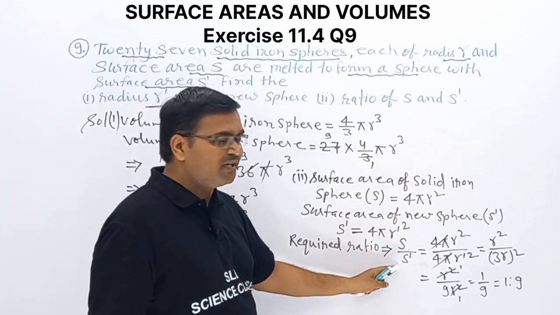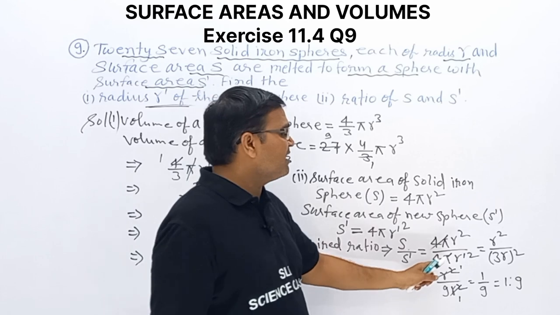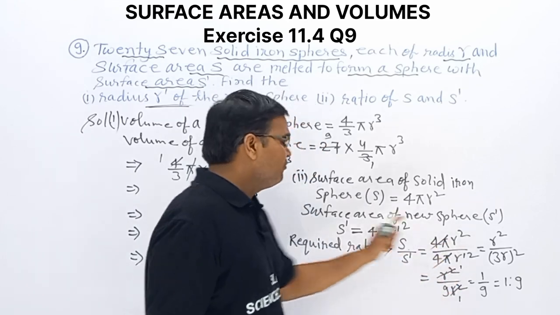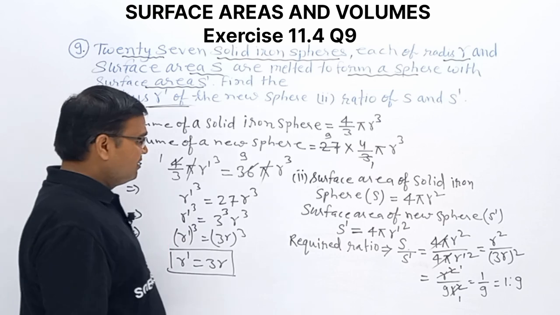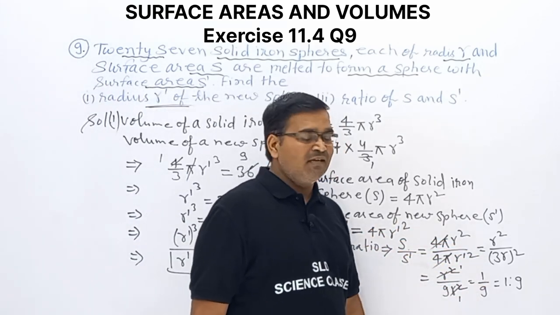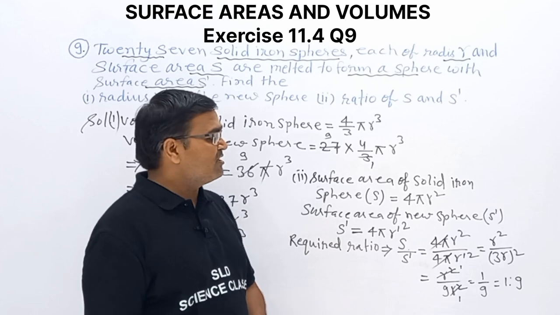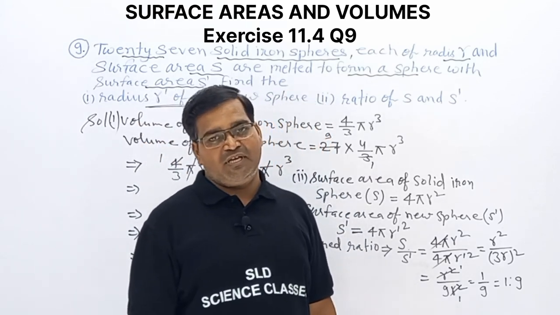The required ratio is S upon S dash. 4 pi and 4 pi cancel, leaving r square upon r dash square. We obtained r dash equal to 3r. Putting this value in and solving, we get 1 upon 9. Or we can say 1:9 will be the required ratio of the surface areas.